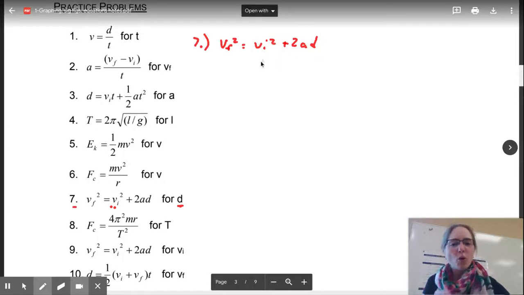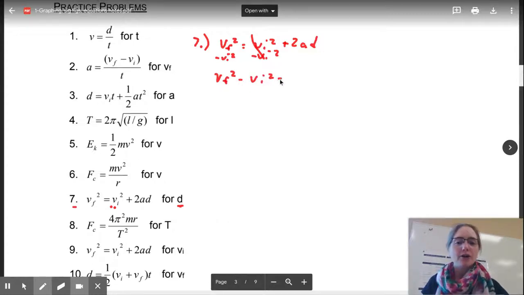Now we're going to move over VI squared. Now, because this is a plus sign, we need to be subtracting here. So we minus VI squared from both sides. That cancels. And we have our VF squared minus VI squared is going to equal 2AD.